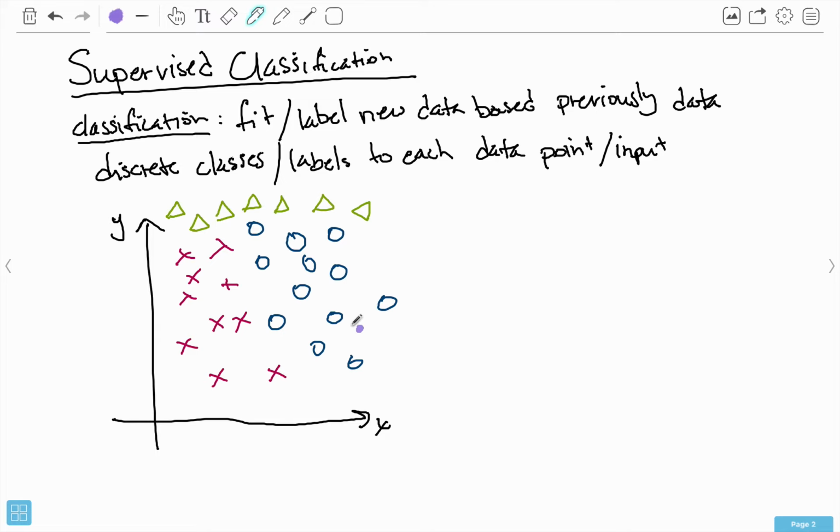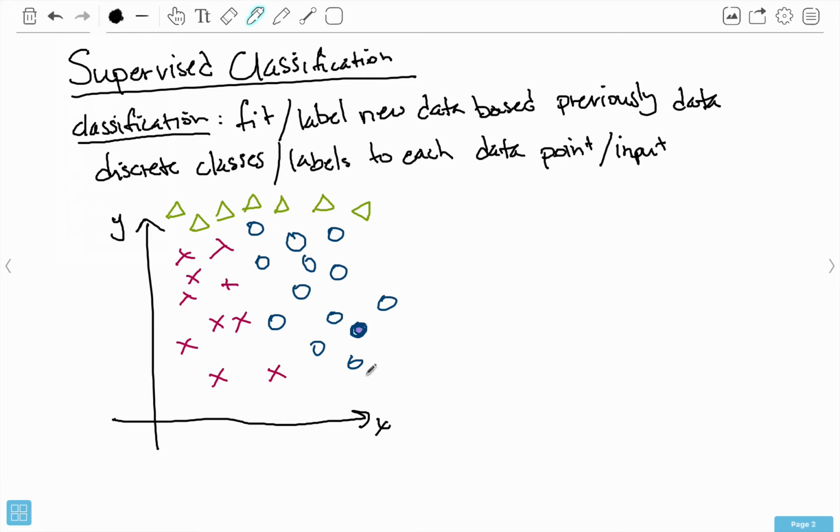If I asked you what you would assign, you would say a blue circle. And I would ask, why would you assign it as a blue circle? You'd say something along the lines of, if I look at what's around it, there are lots of blue circles, and this region of the plane tends to have more blue circles than red X's.